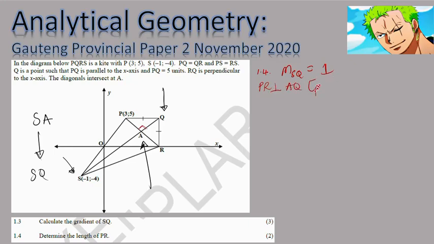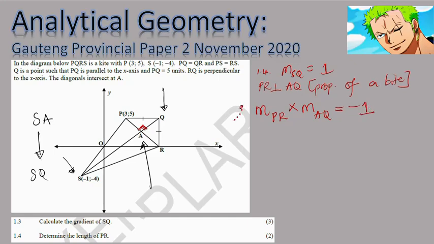Why? Because these are properties of a kite, right? This diagonal here and this diagonal here are meeting here at a 90-degree angle because that's a property of a kite. So the gradient of the line PR multiplied by the gradient of the line AQ must give me -1.